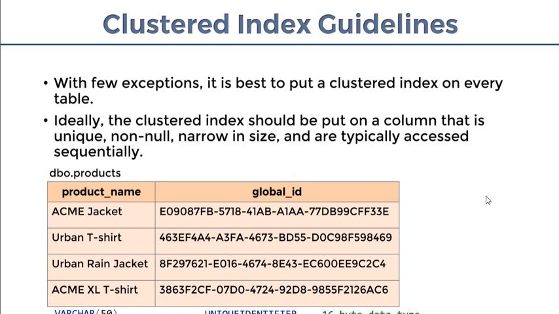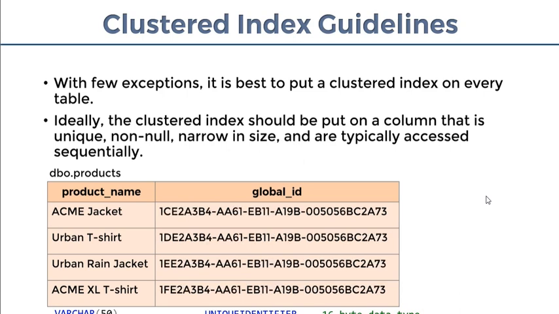The global ID would have looked something like this. So now we have sequential values for the global ID. However, global ID is still a wide column. If you put a clustered index on the global ID column, then those wide values get replicated in every one of the non-clustered indexes that we put on the same table, right? Therefore this could slow down performance.